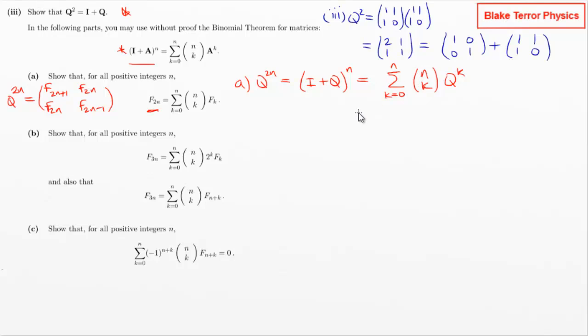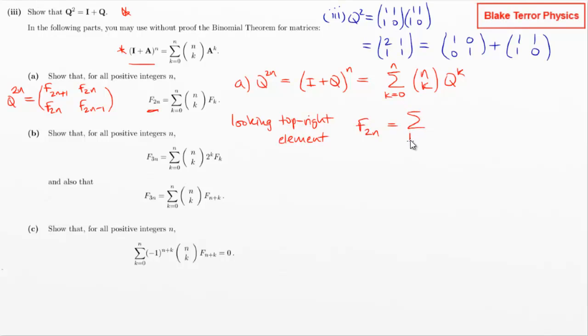So that means I can turn that into, well, looking at the top right element again. We could look at bottom left, but still, looking at top right element, we got the f2n.